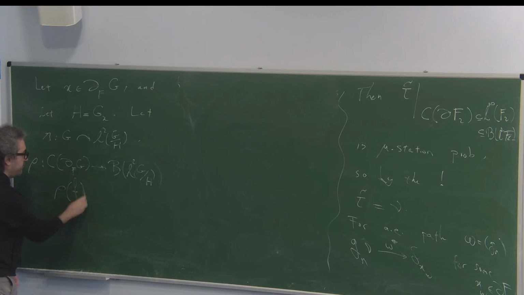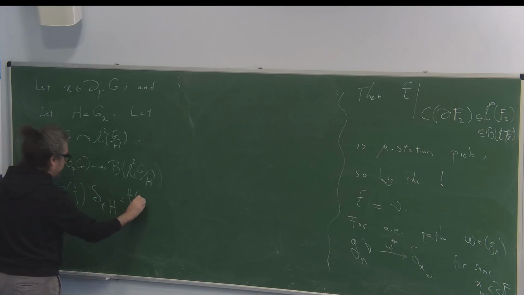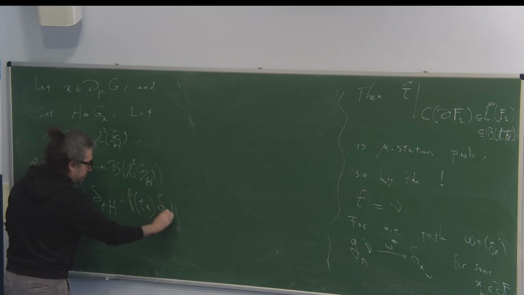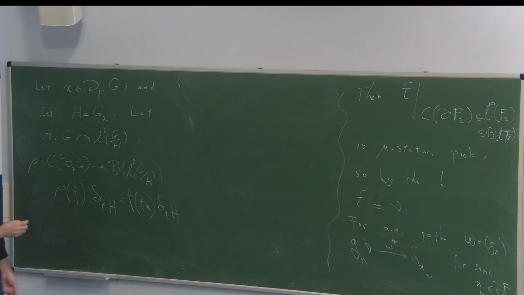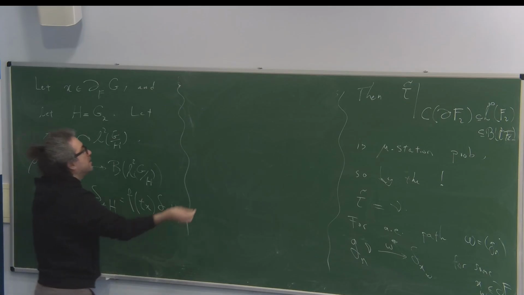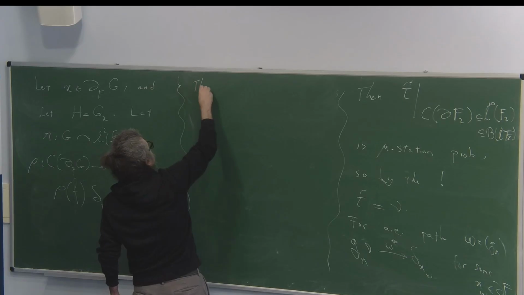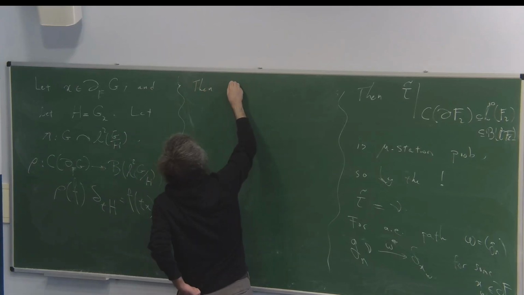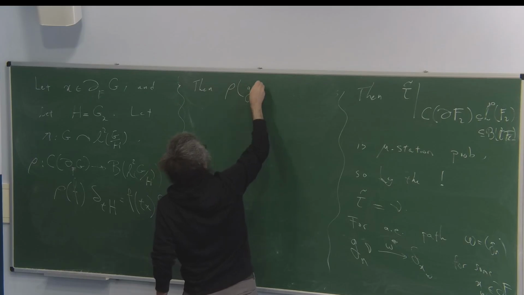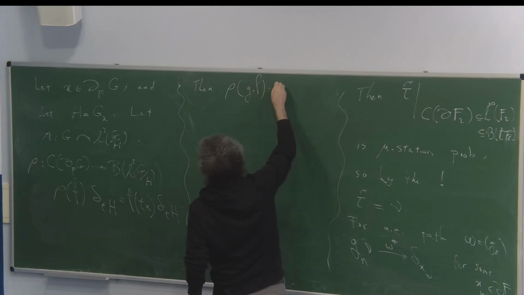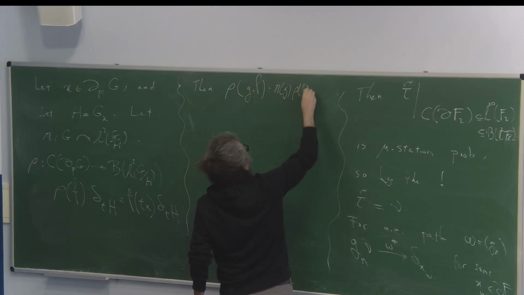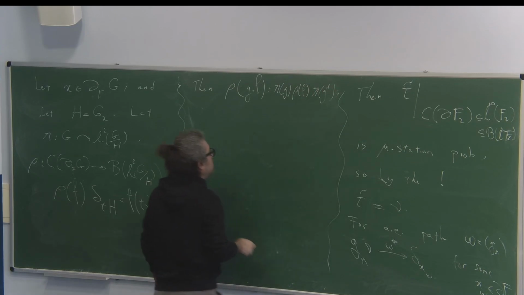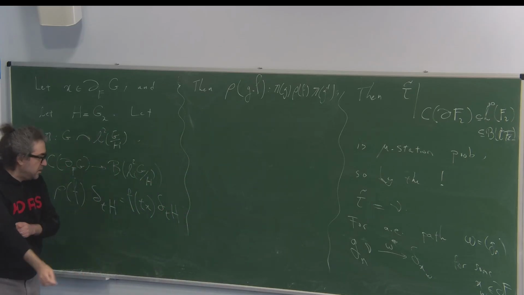So I say rho of f applied to the basis vector delta tH, I define it to be f of tx delta tH. And then you'll see that this is a covariant representation in the sense that rho of g f is defined as pi g rho f pi g inverse. So this is one of the representations. I mentioned this yesterday, but let's repeat.